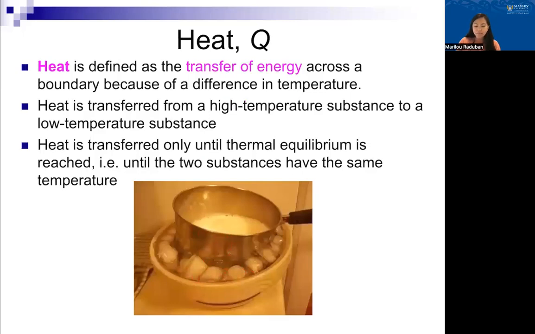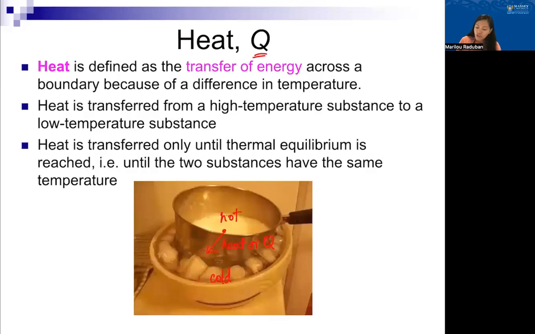So heat is defined as the transfer of energy across two objects at different temperatures. So that means you have here heat transferring, that's hot pot and cold ice. You have heat, or Q. So we use the symbol capital Q to represent heat.